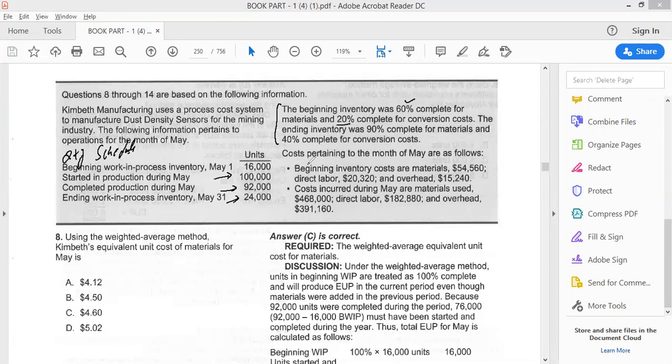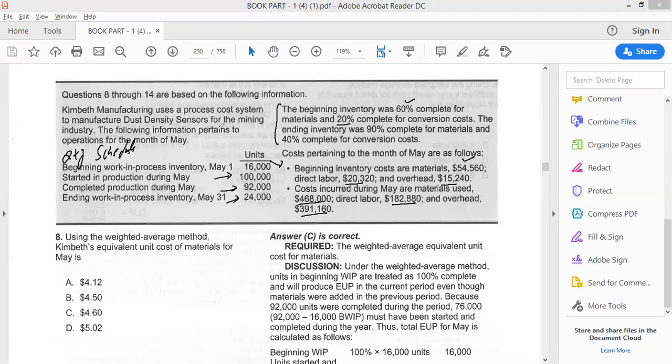Net costs pertaining to the month of May are as follows. Beginning inventory costs: this is the cost which we spent during the period. For materials, in the beginning inventory, we already spent a material cost of 54,000, labor this much, overheads this much. Cost incurred during May: we incurred additional costs, material 468, labor 182, and overhead this much.